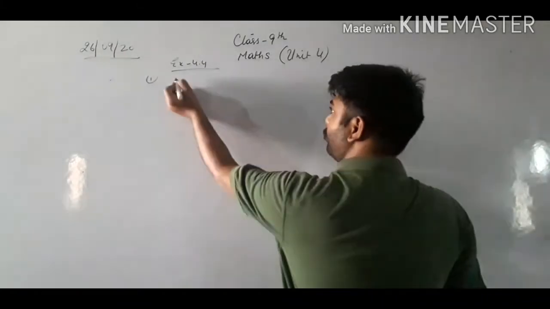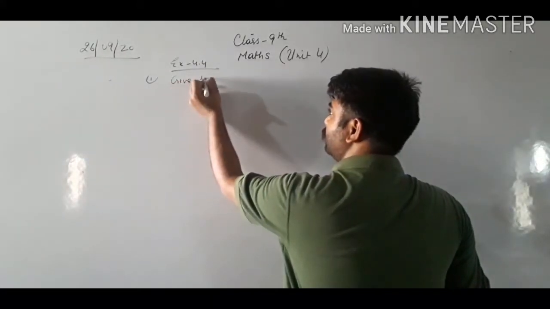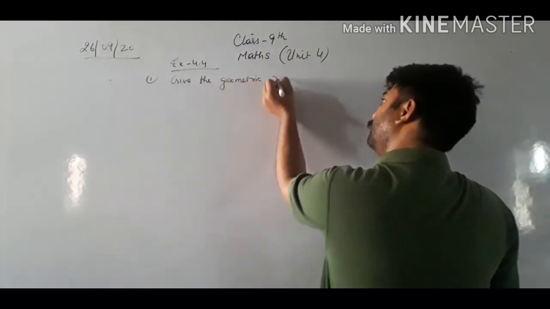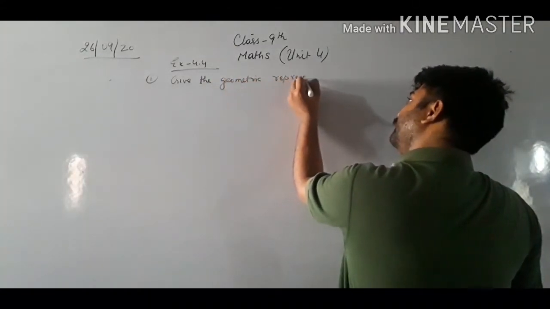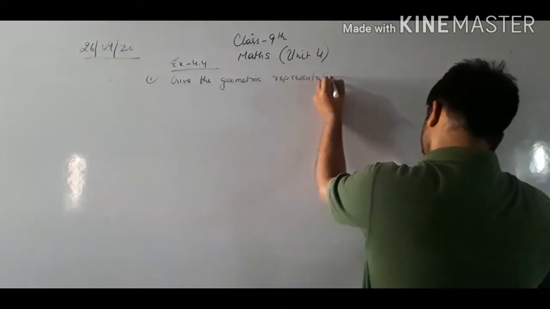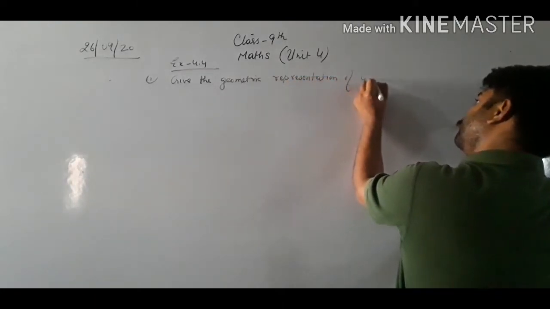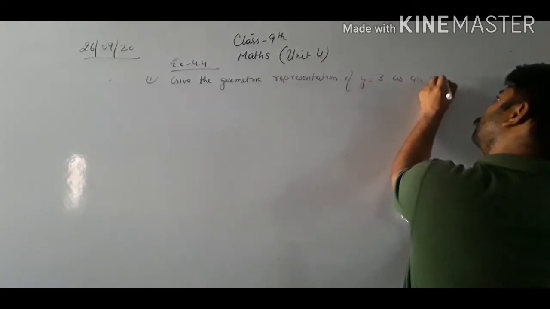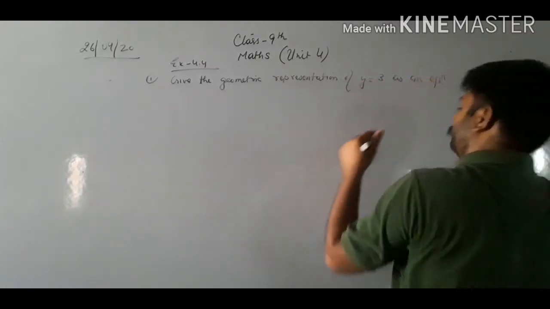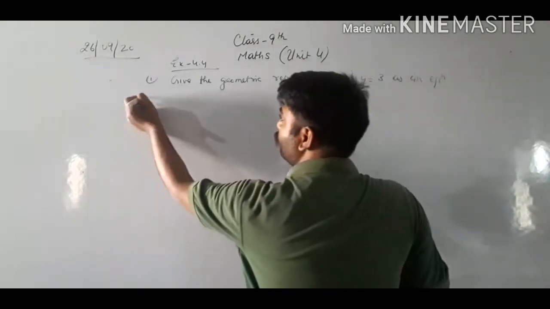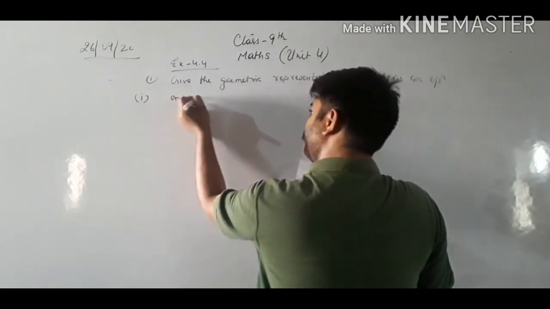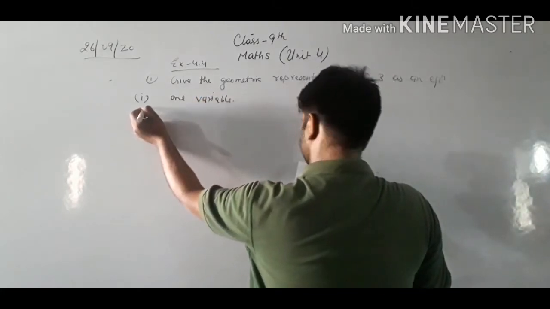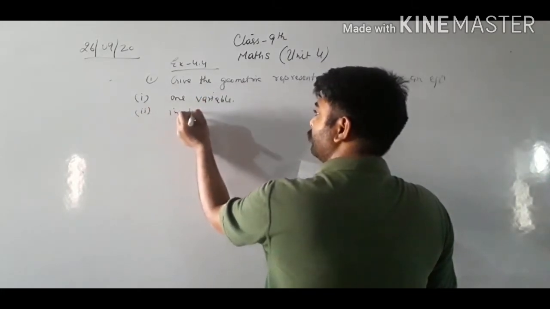Give the geometric representation of y equals to 3 as an equation, that is for one variable, and second is for two variables.